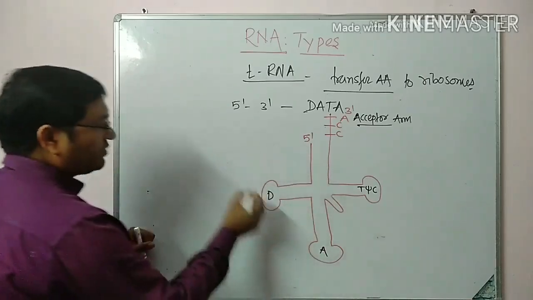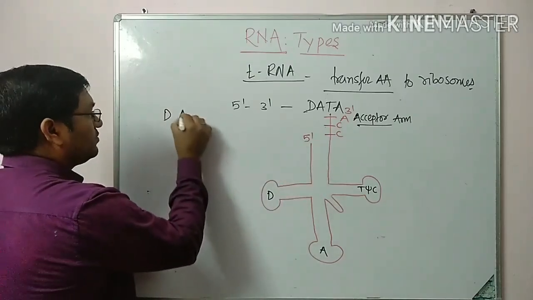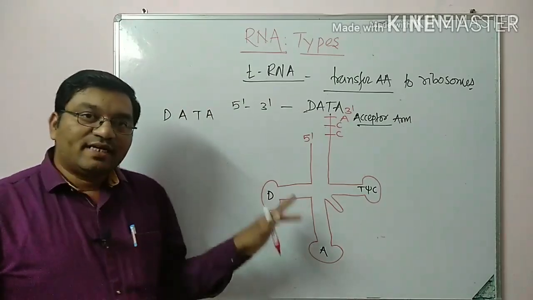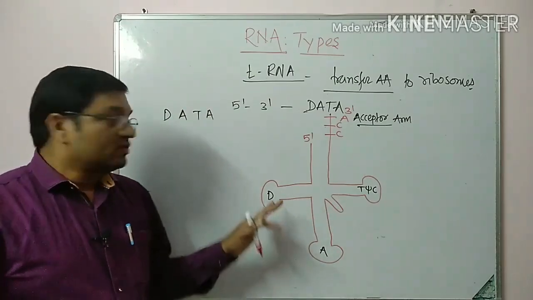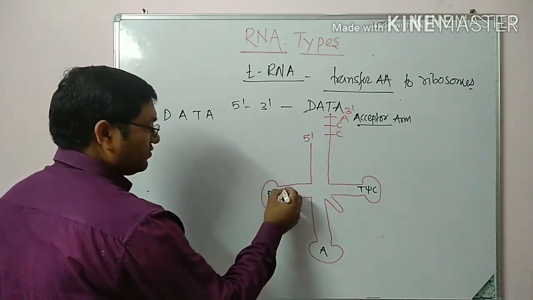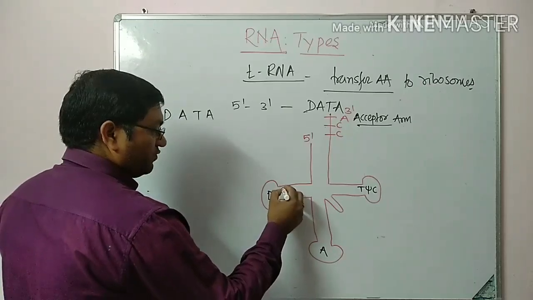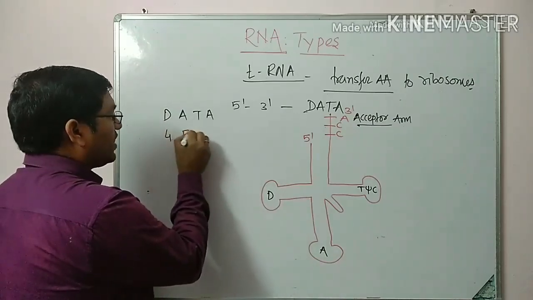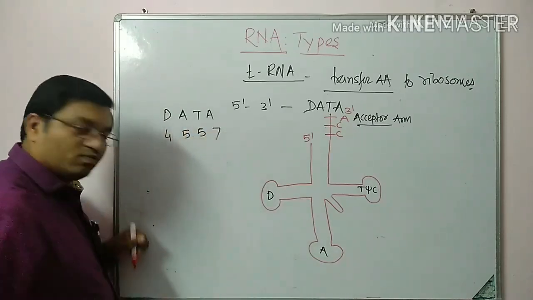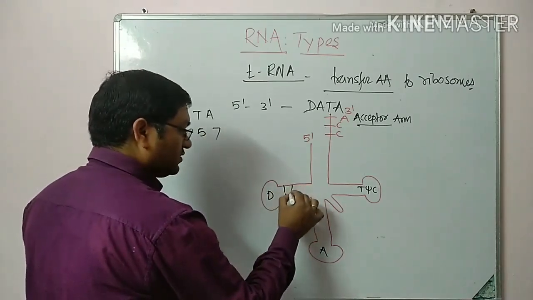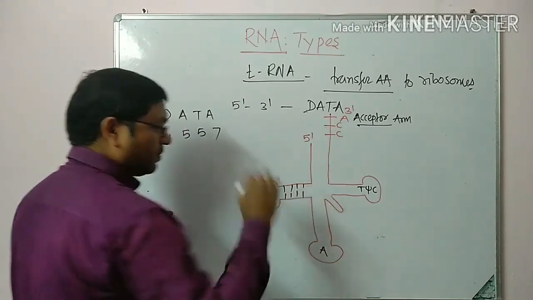Then from this DATA, this has a double stranded complementary region in this arm. This D arm has 4 to 6 nucleotides. It has 4 nucleotides complementary.